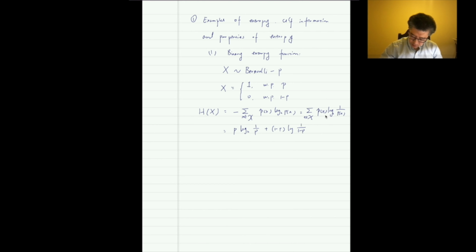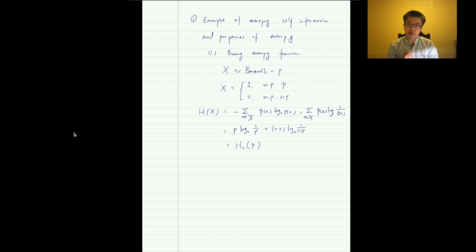Okay, so that's basically it. We have a special name for that because it's very typical, and it is the simplest example. That equals h2(p), so we just denote that as this. When you see something like that, it basically means the binary entropy function.